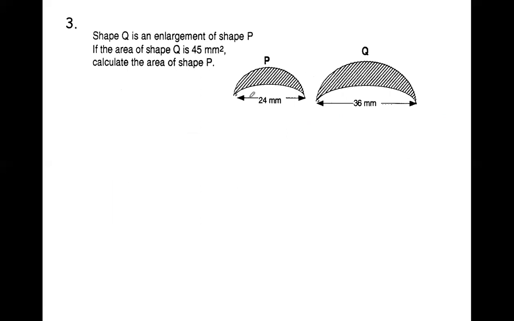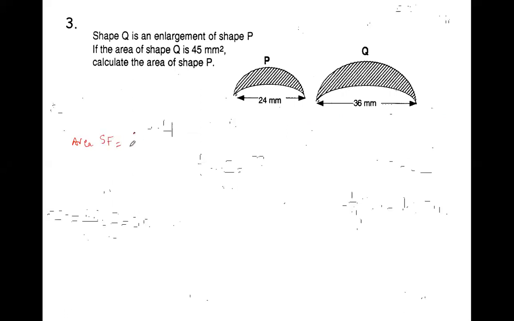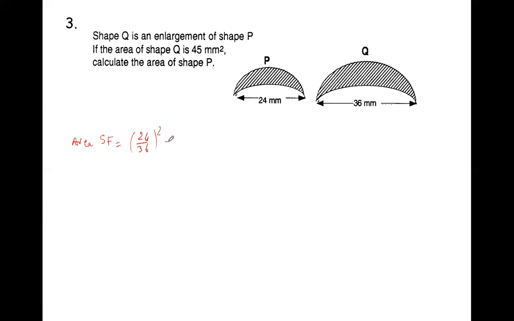So this time we're going to go for a reducing scaling factor. So in this case here, we can just write area scaling factor is 24, because I'm going to the small one, divided by 36, so that'd be 2/3 squared, which is 4 over 9.